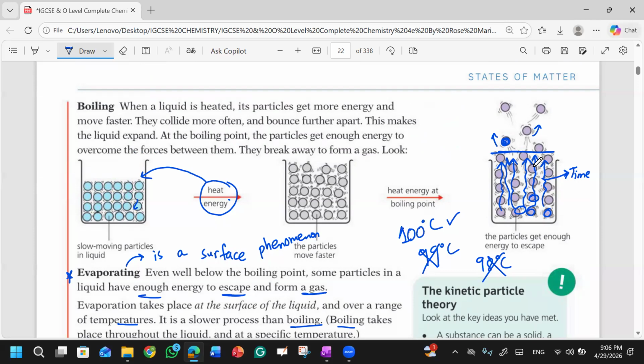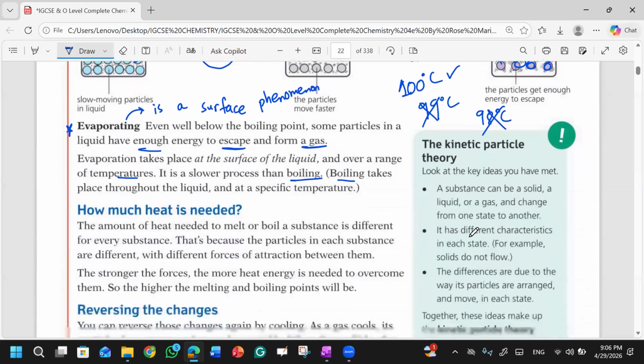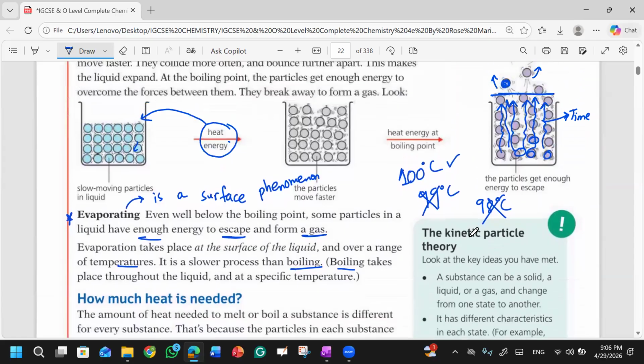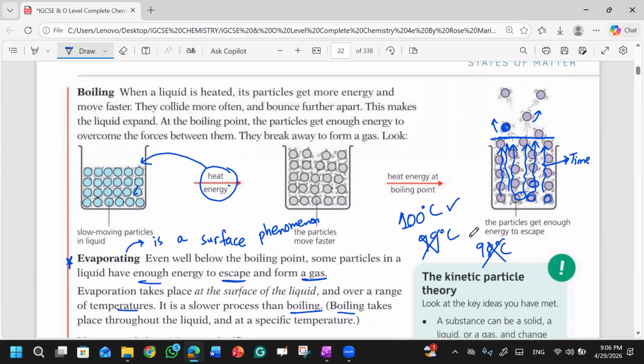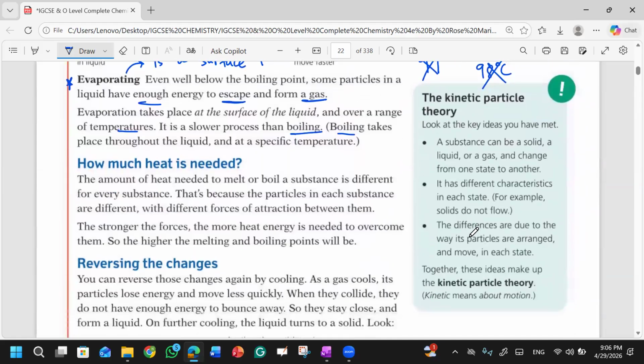But for boiling, and for melting, you need a specific temperature. Melting happens at a specific temperature, as well as boiling. Are you clear with this? Do you have any question? No. Okay. Then there is how much heat is needed.